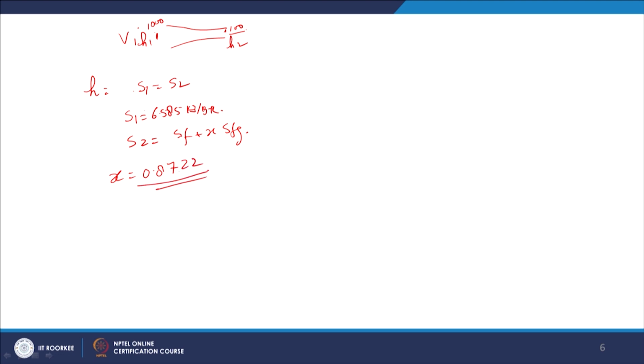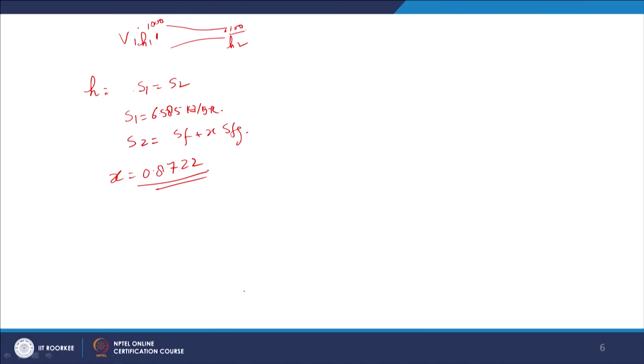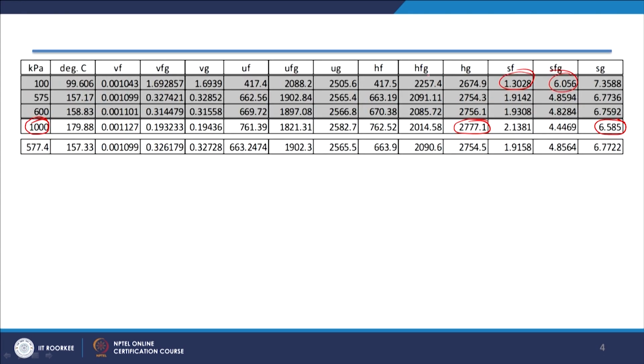Now with this value of X, we can find the value of H2, right? I can write H2 is equal to 417.5 plus 0.8722 multiplied by 2257.4. These properties you can take from here, this is HF and HFG at 100 kilopascal, right?